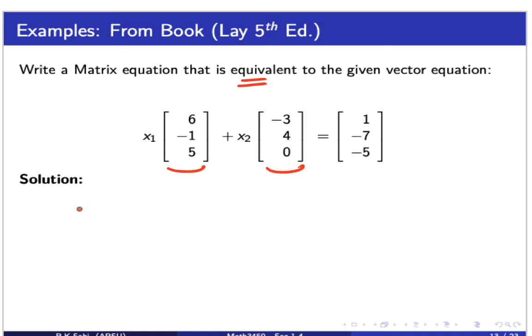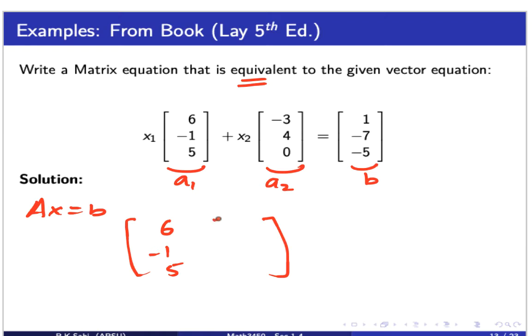So the matrix equation, remember this is a1, a2, and your matrix equation we all know is Ax = b. So this one automatically is your b, but the matrix A will be made of columns a1 and a2. So simply write down 6, -1, 5, -3, 4, 0. And the variables will make the vector x, x1 and x2. You have to be careful.